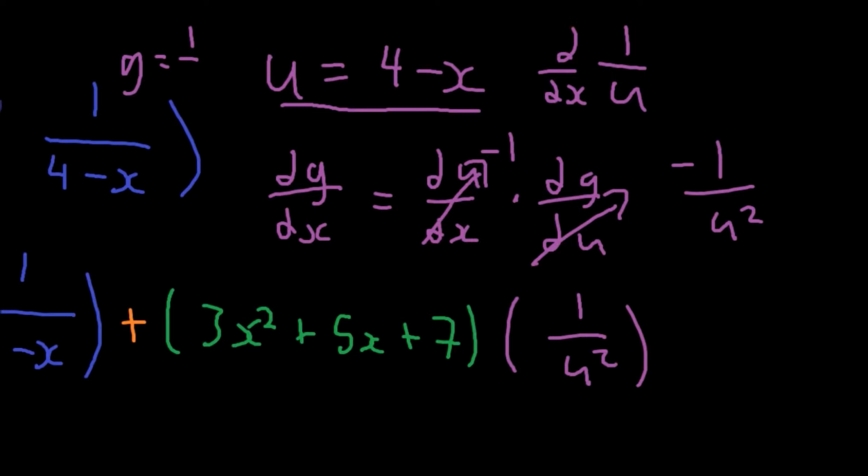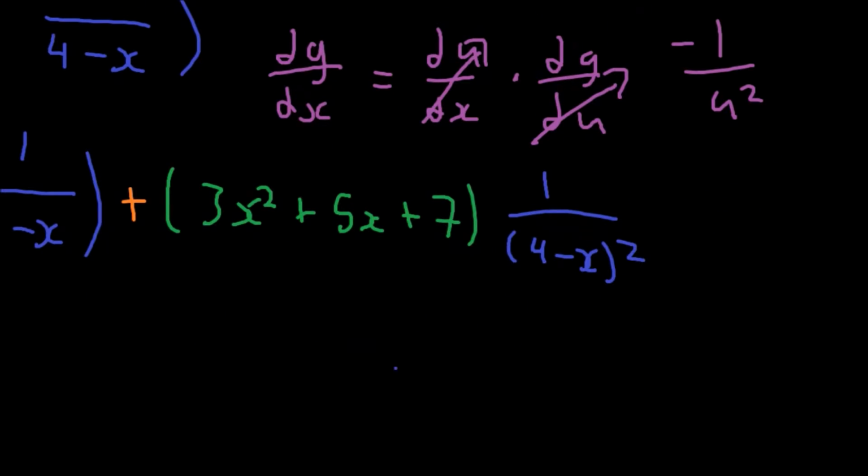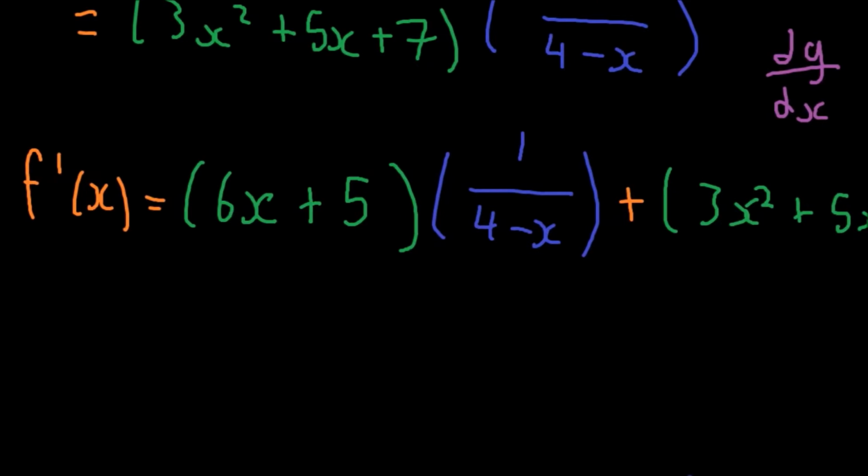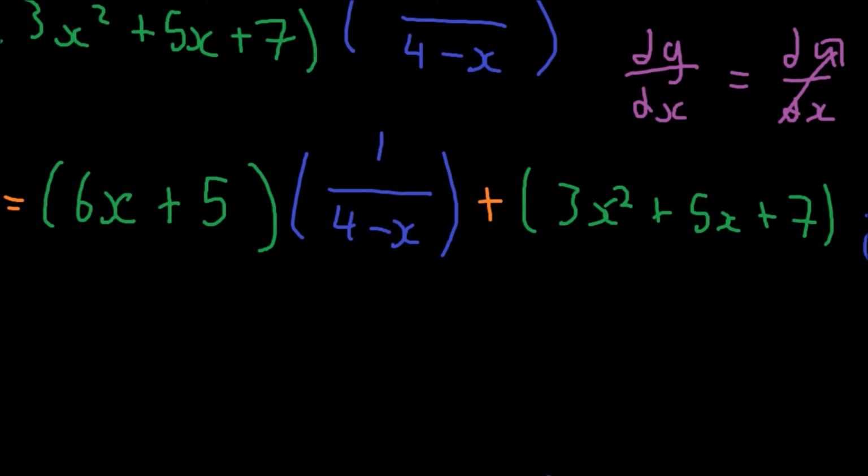But instead of writing u squared, we know what u is. u is 4 minus x, so that's what we write down: 1 over 4 minus x, all squared. Right there. Alright.